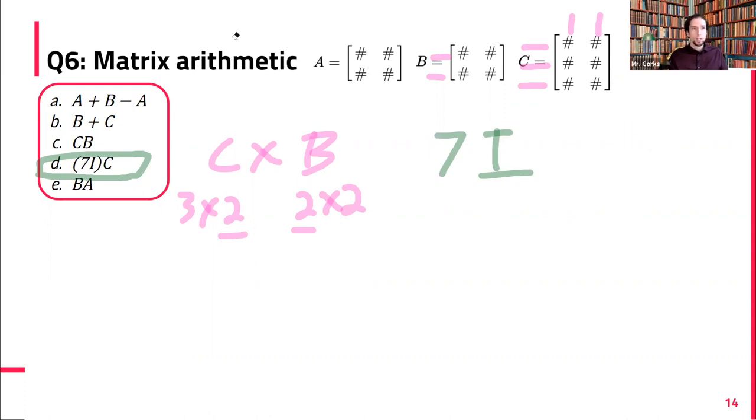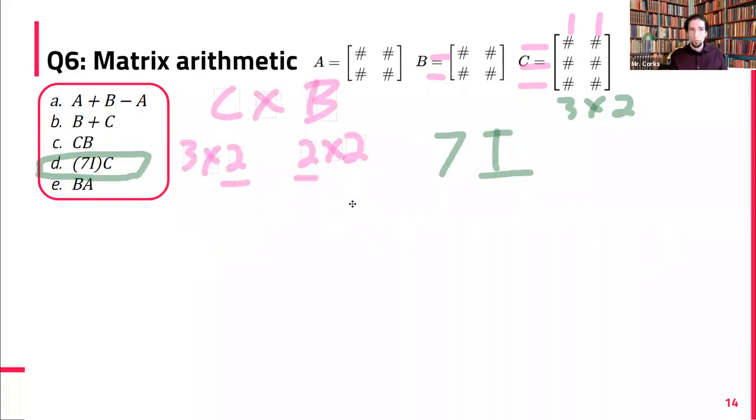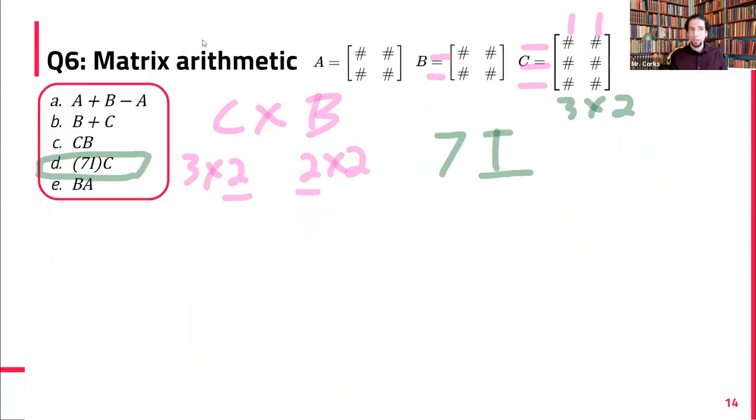Okay, so if we have I times C, what is going to happen? C is a 3 by 2 matrix. What size must I be in order to be multiplied by C? 2 times 2. So it's a 3 by 3 matrix.